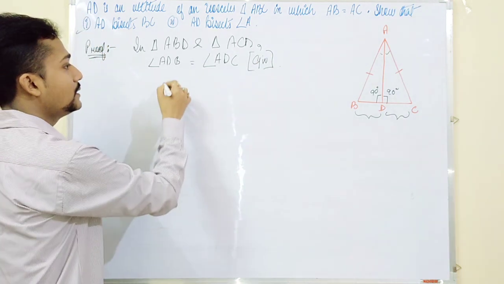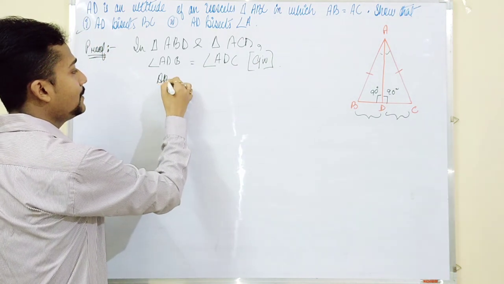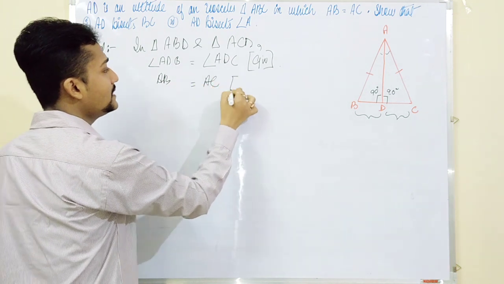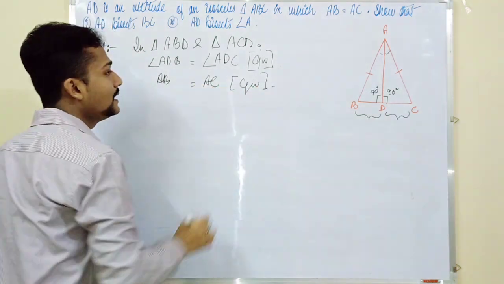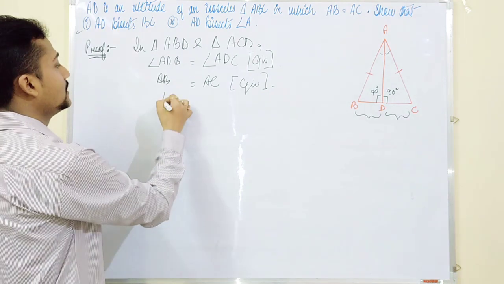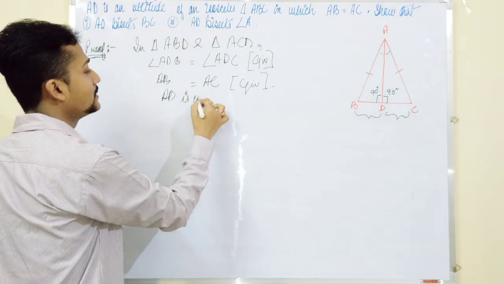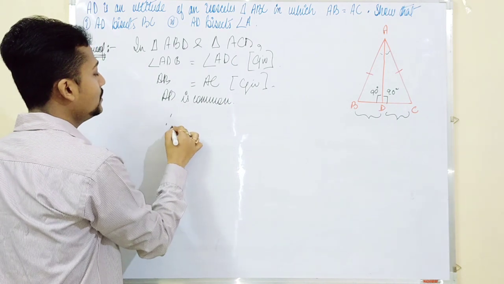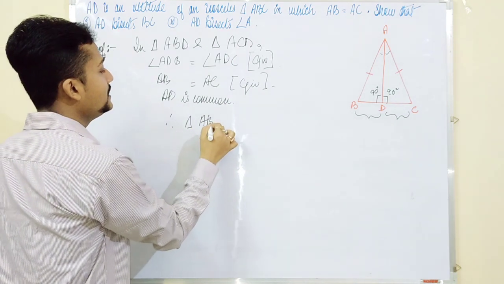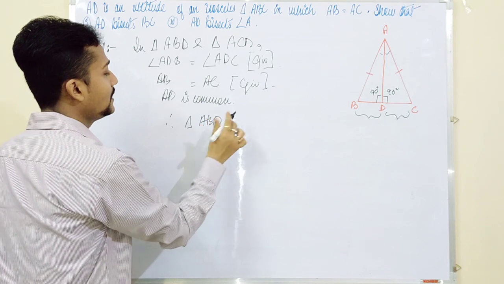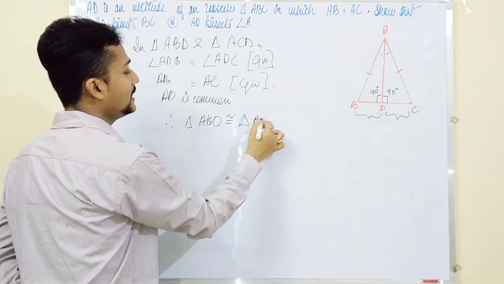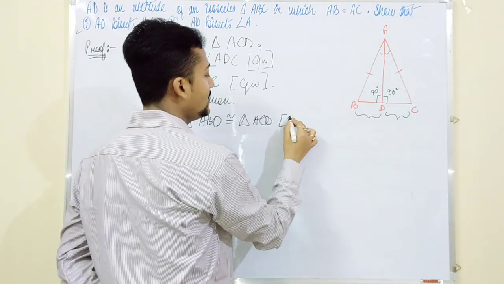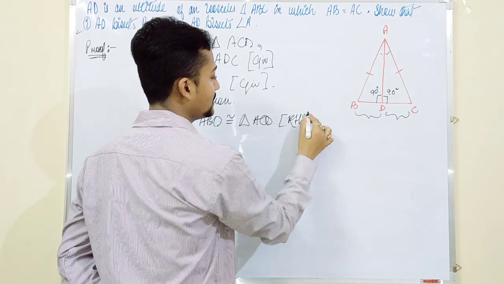Next, AB is equal to AC, given, isn't it? Next, AD is common. So therefore, triangle ABD is congruent to triangle ACD by right angle hypotenuse side, isn't it?